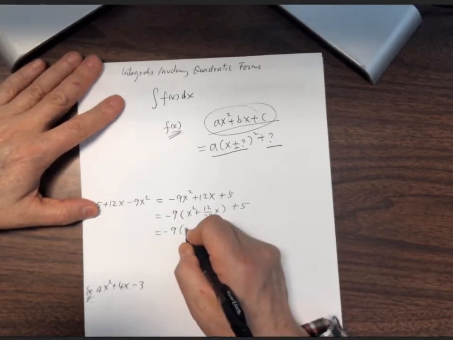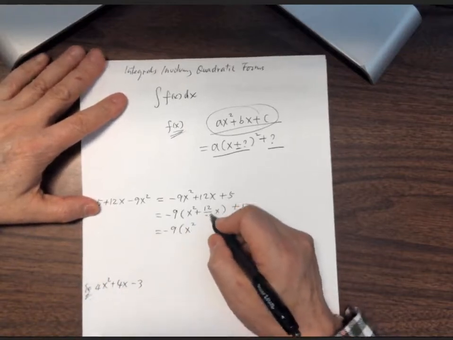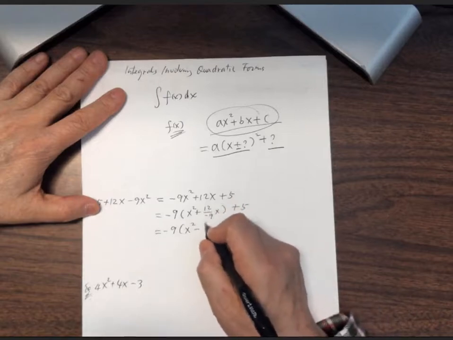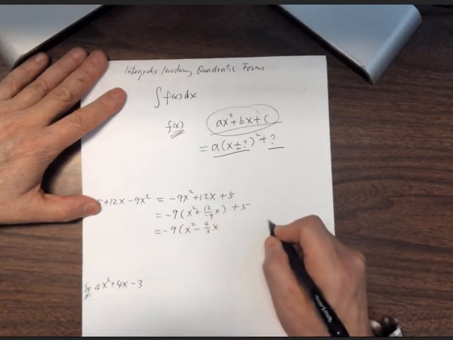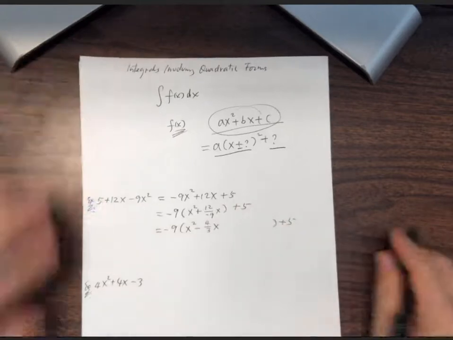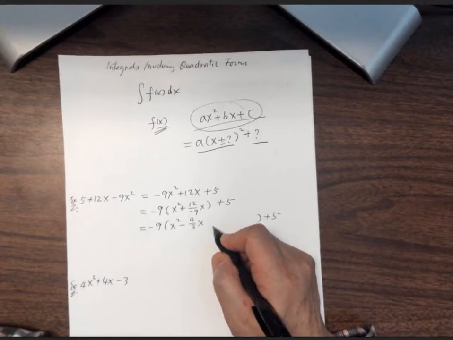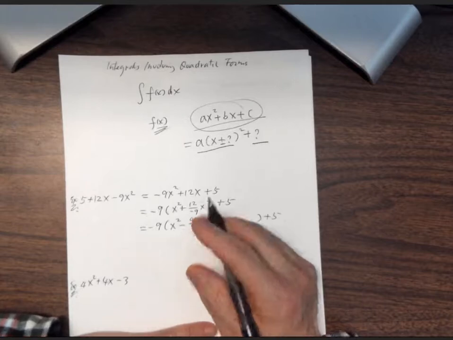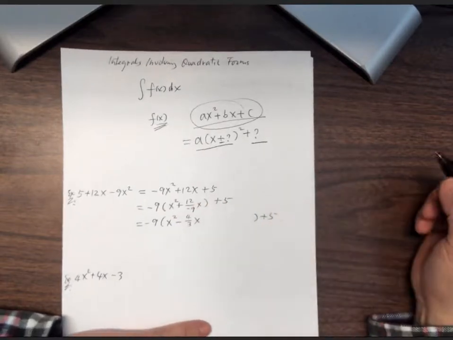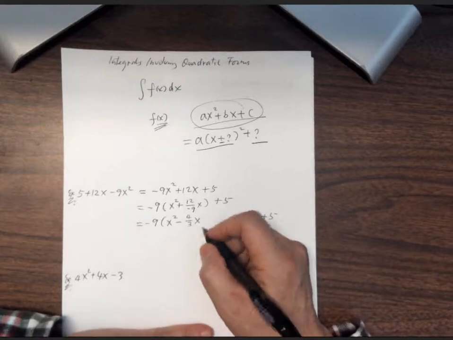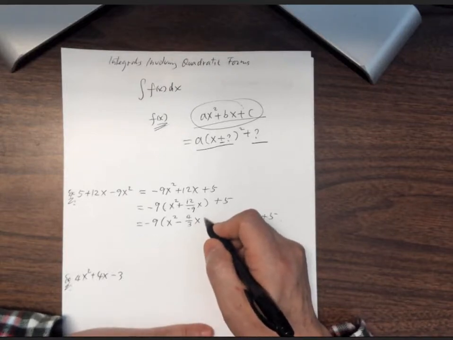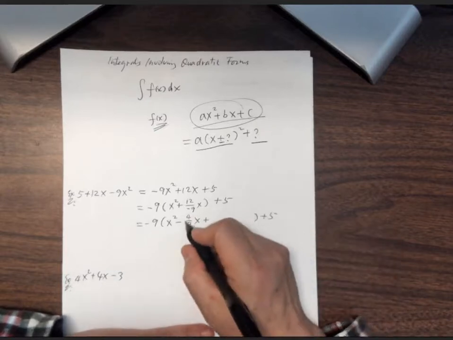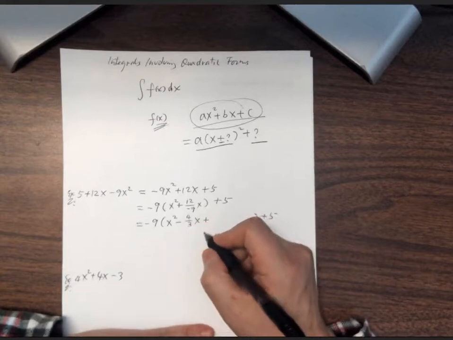And then simplify inside here. It's going to be negative, and cross out 3. This is 4 over 3 x. Now inside the parentheses, I'm going to come up with a number with which these x terms can be turned into a perfect square. The number we need is the square of half of the coefficient of x. Half of 4 over 3 is 2 over 3.